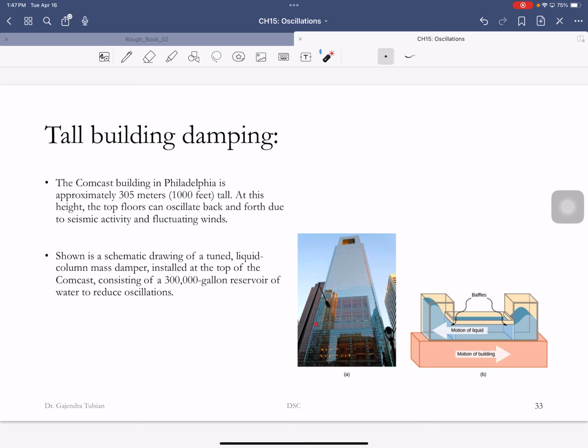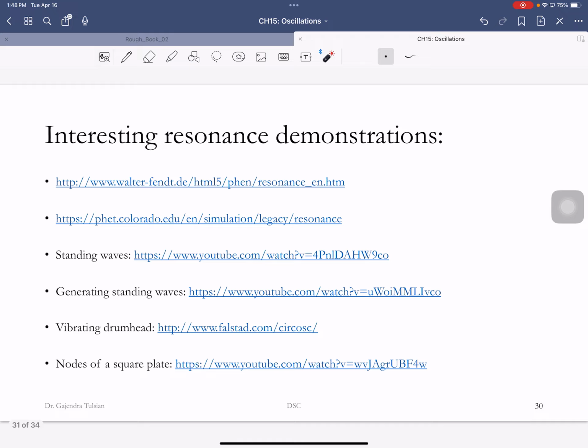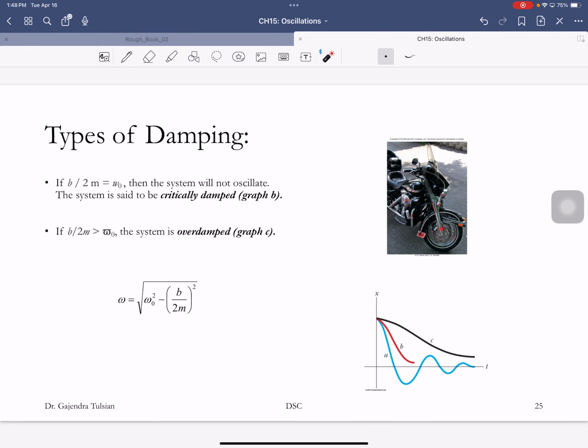So in all these tall buildings, you have to have dampers. Here is another place where you have to have dampers. You drive over a bridge. The winds will set the bridges to oscillating, and you want dampers.